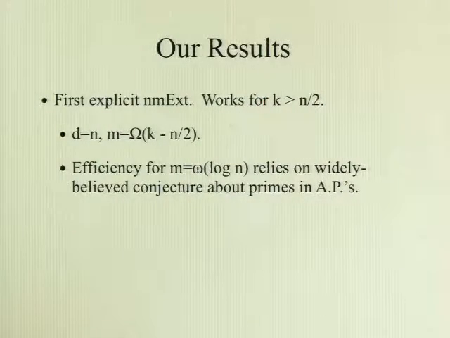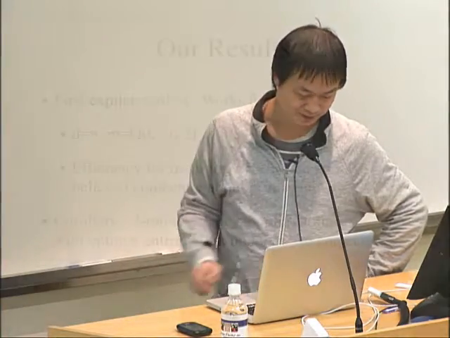So if this k is, say, n over 2 plus delta, then in this case we can output a linear number of bits here. But if we want to output more than log n bits, then the efficiency of our construction relies on some conjectures about primes in arithmetic progressions. But I'm not going to get into the details about this. It's just some well-known conjectures.